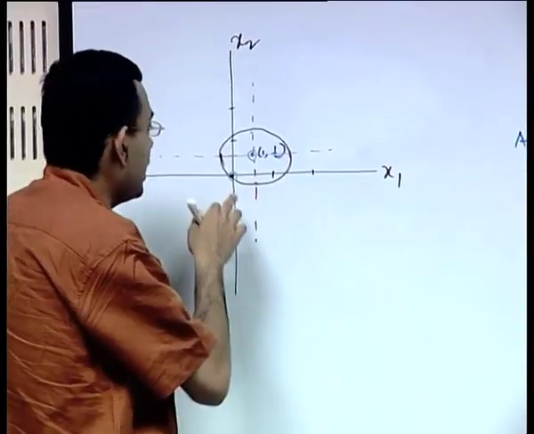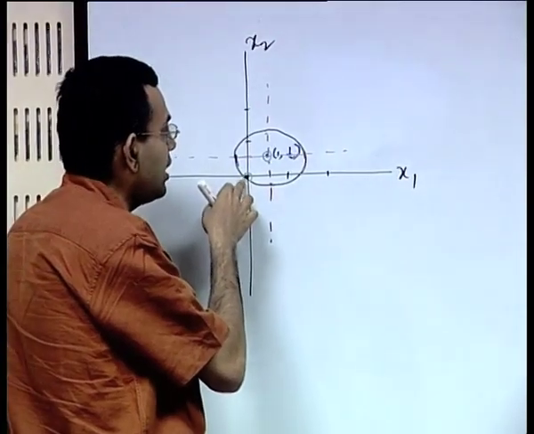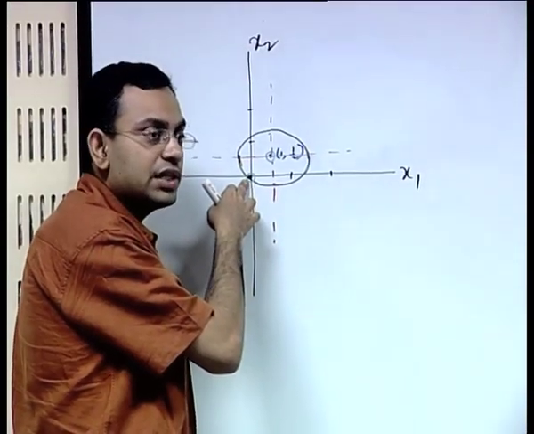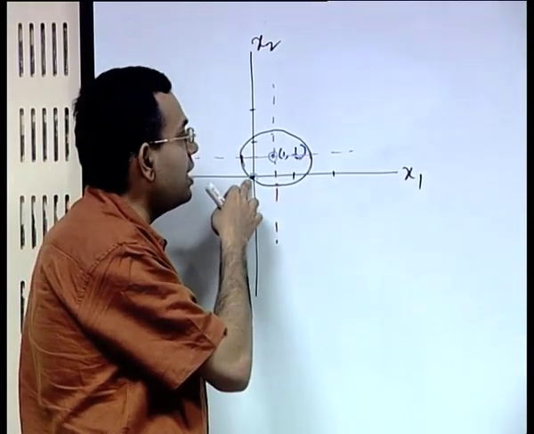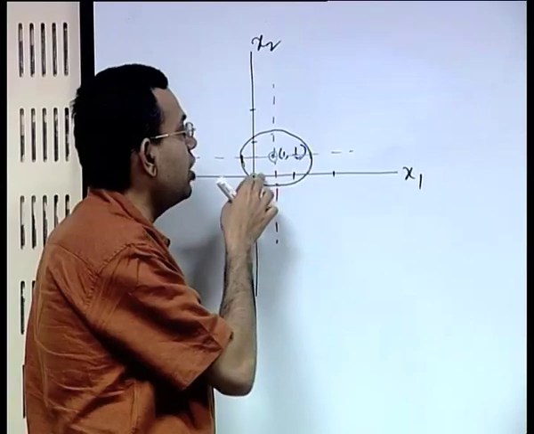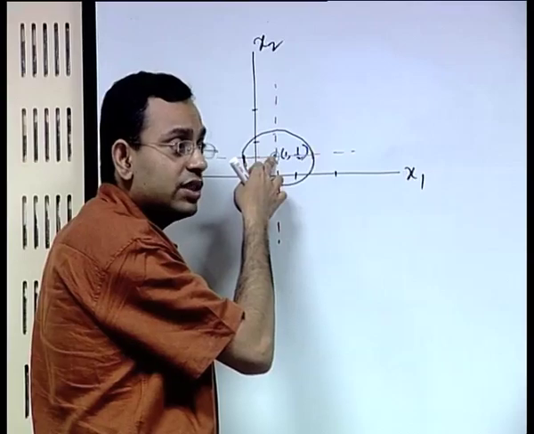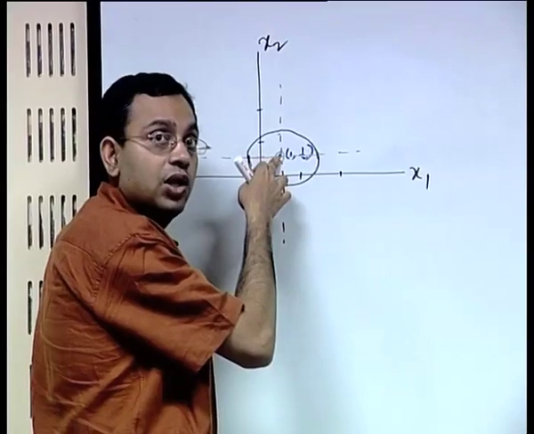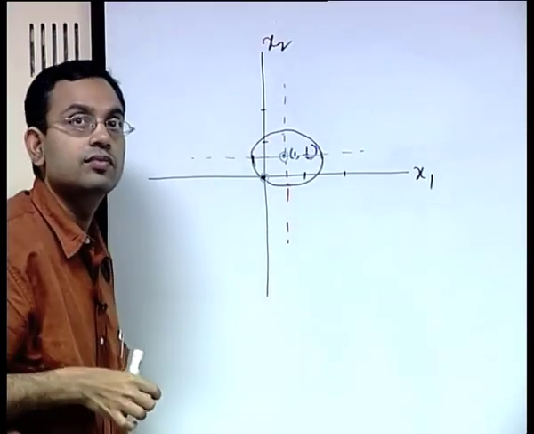So the gradient of f, when we consider at this point, what it will represent? It will represent the normal direction to the curve, but normal direction to the curve is not going to directly point to the center, because this is not a circle. If it was a circle, it would have directly pointed towards the center. Because it is not a circle, it will not directly point towards the center.